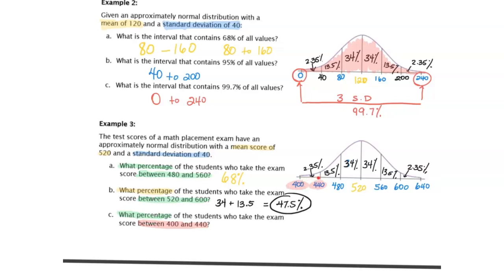If we were to highlight the interval between 400 and 440, we'd only highlight this little sliver right there. And notice that the empirical rule already gives us what that percentage is for this interval. It's 2.35. So in this case, our answer is 2.35%. And we are finished with part C.